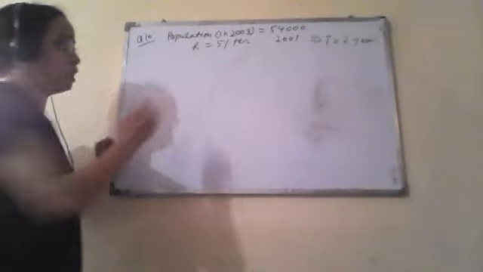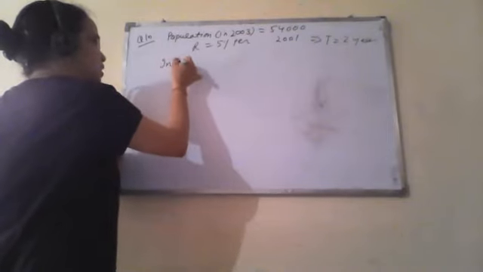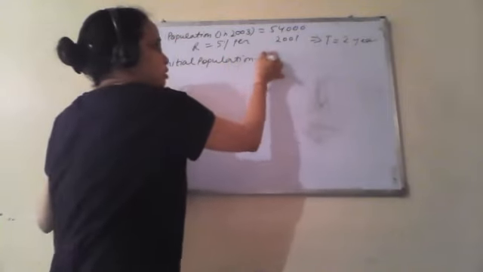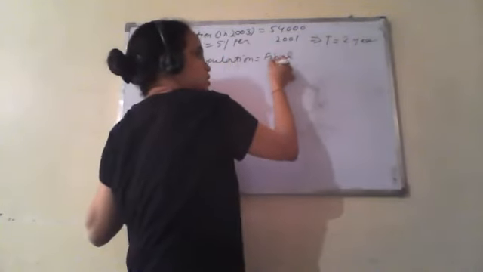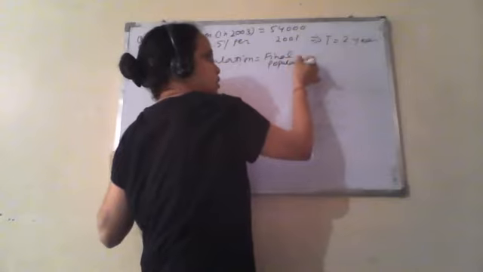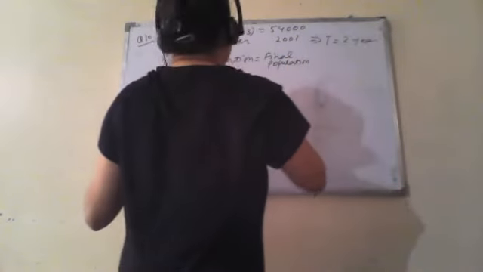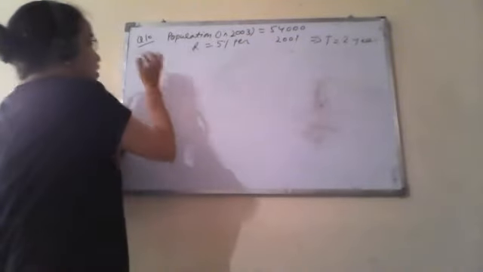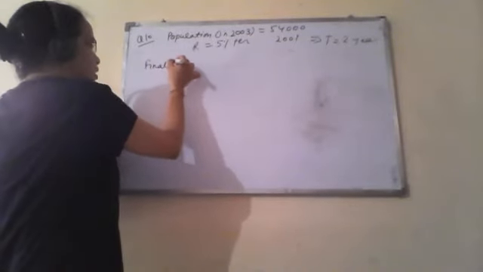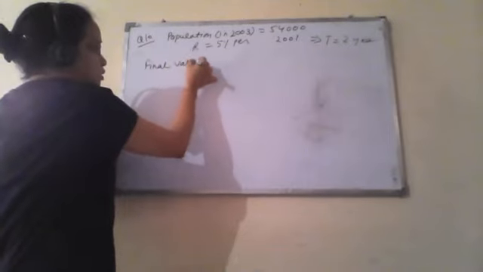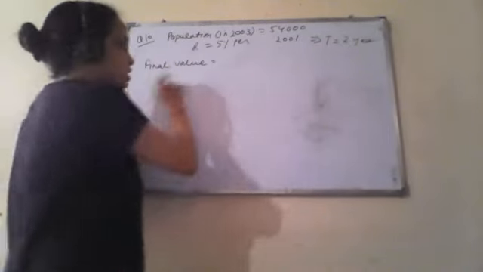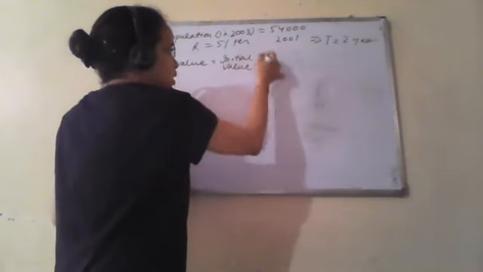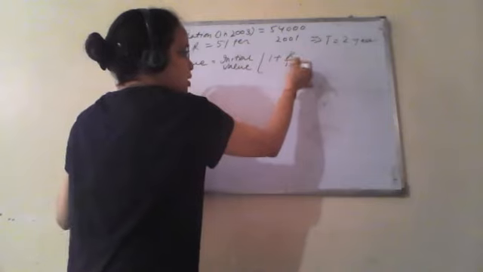I have given the formula: final value is initial value into 1 plus r upon 100 to the power n.